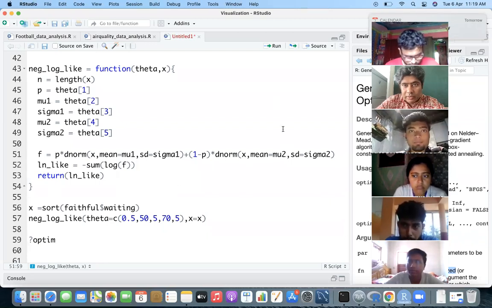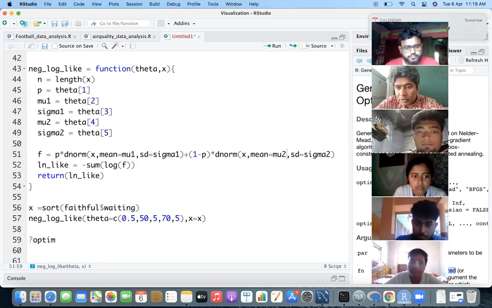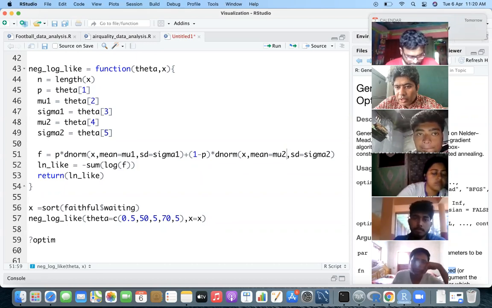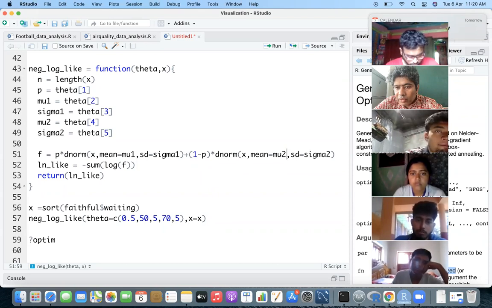Okay, so there is a question in the chat box. We can control fnscale -1 as an argument in the optim function to make it maximize instead of minimize. Yeah, that is fine, but I don't want to.